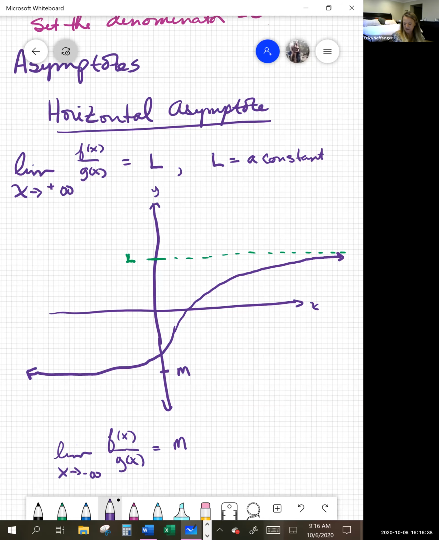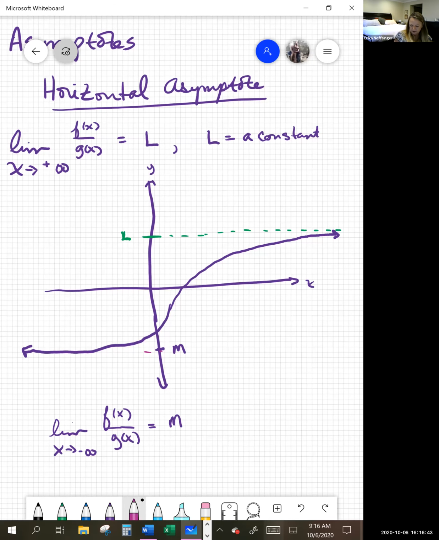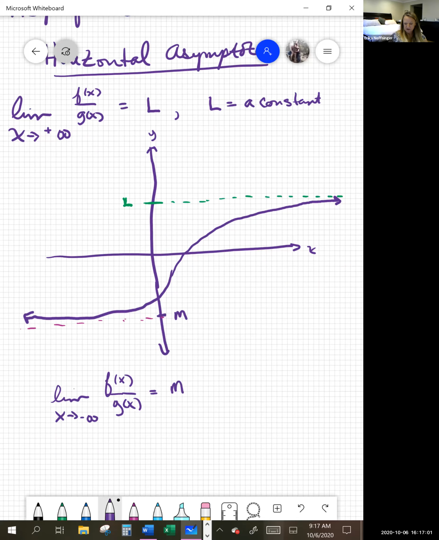So those are what horizontal asymptotes are going to do. As it goes off to infinity or negative infinity, your graph is going to get closer and closer to one particular y value. We'll talk about in a minute how to find those.